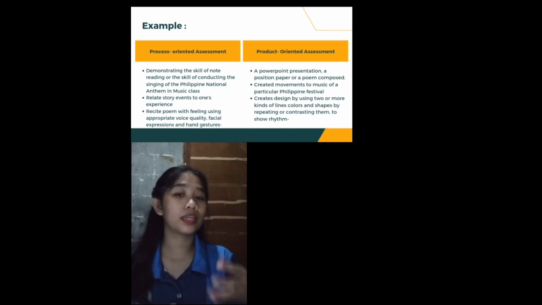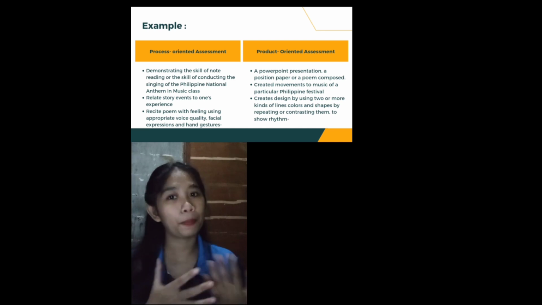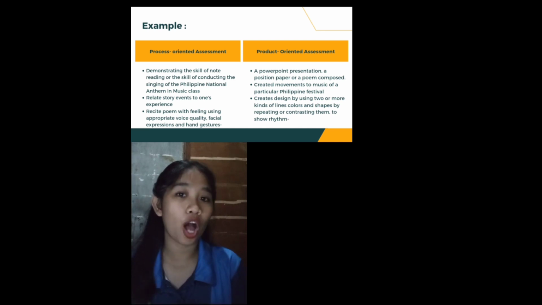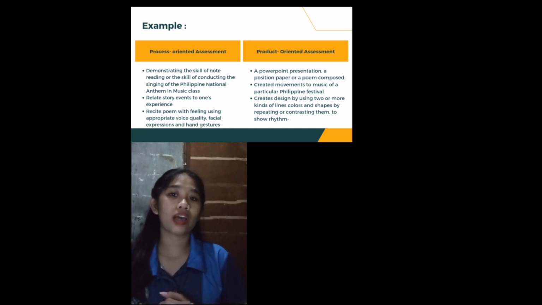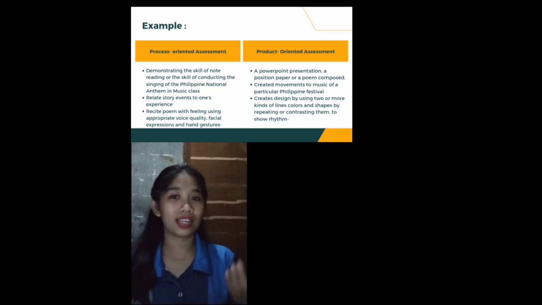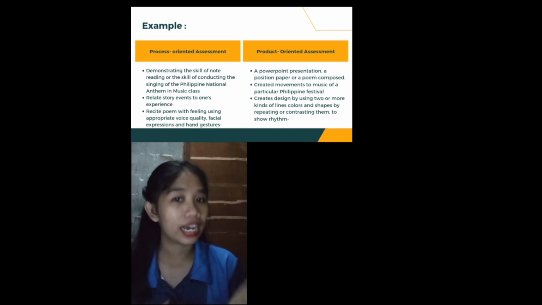By that, the poem will be the outcome or the product of the learning of the students. So those are the two ways on how we can assess the learning of the students in authentic assessment.